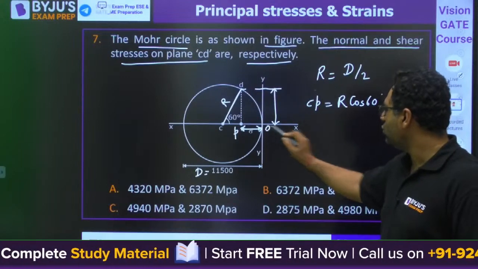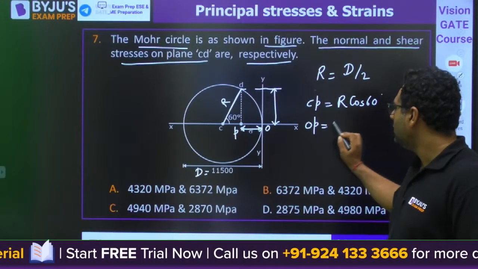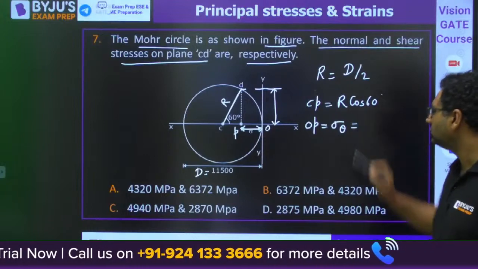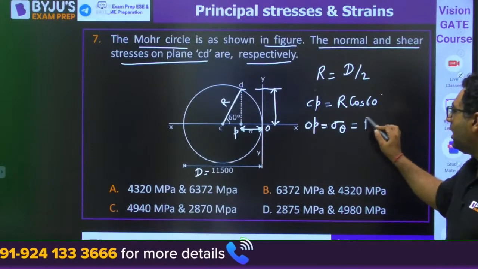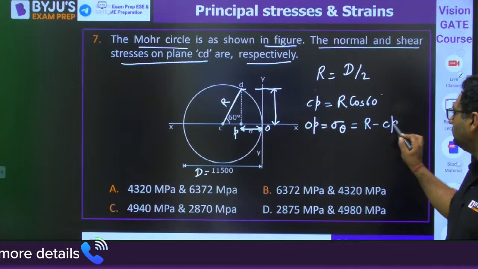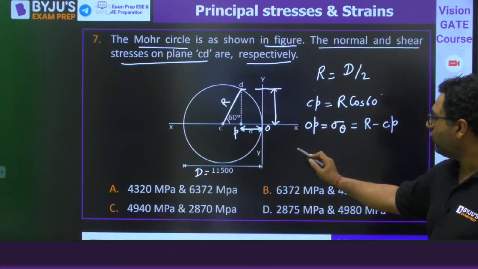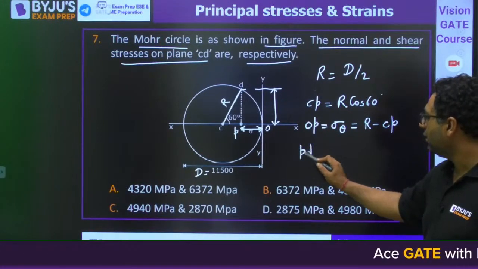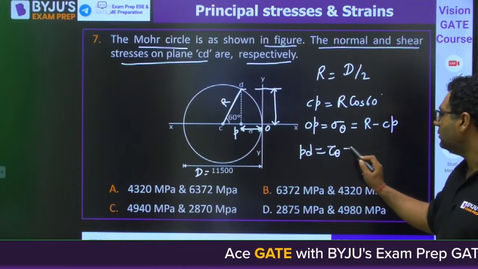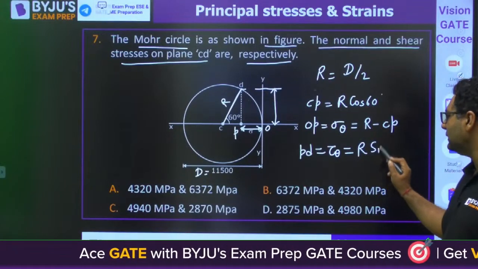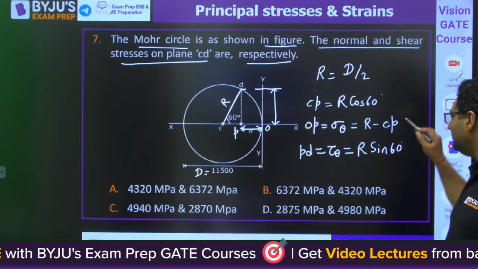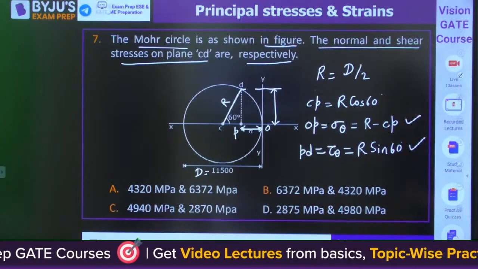You need to find out OP, which is sigma theta. It is R minus CP. And then you need to find out PD, which is tau theta. It is R sin 60. This and this are your answer.